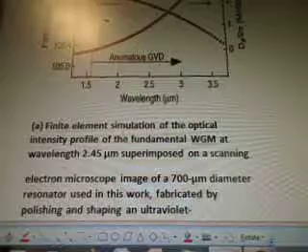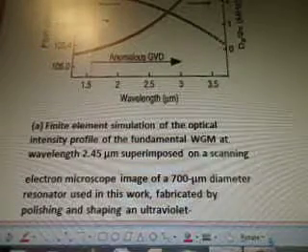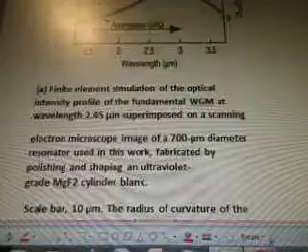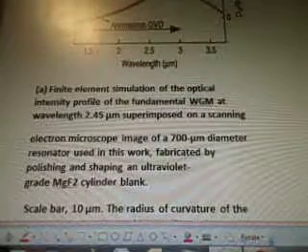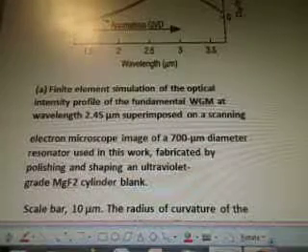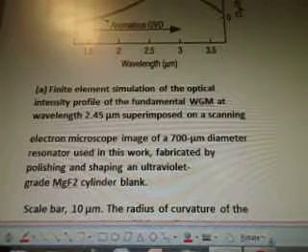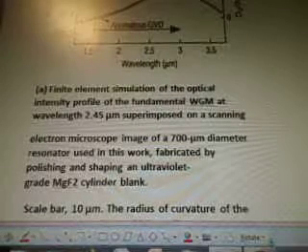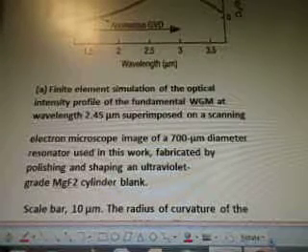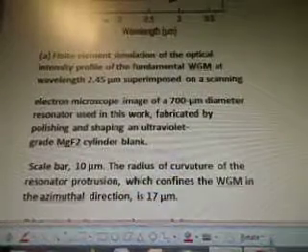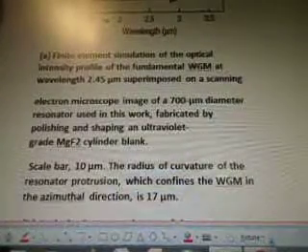So A is a finite element simulation of the optical intensity profile of the fundamental WGM at wavelengths of 2.45. I'm going to say because it just looks like that to me. Superimposed on a scanning electron microscope image of a 700 micrometer diameter resonator used in this work, fabricated by polishing and shaping an ultraviolet-grade MgF2 cylinder blank.